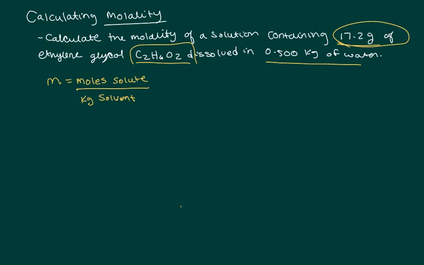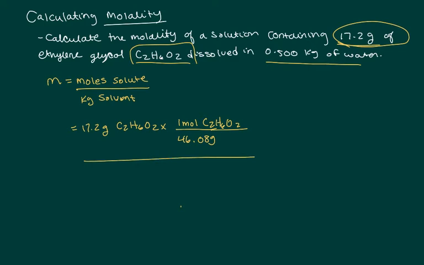Alright, so we have 17.2 grams of C2H6O2, and for every 46.08 grams I have 1 mole of C2H6O2, ethylene glycol, and this is over kilograms of solvent, and I already have kilograms, so I don't need to do any further conversions on the solvent.